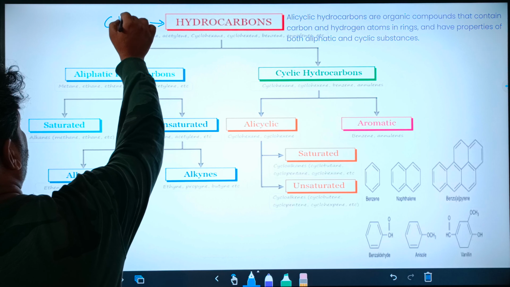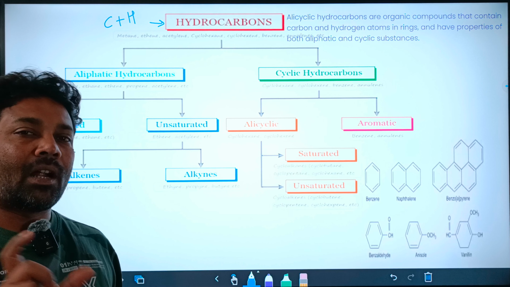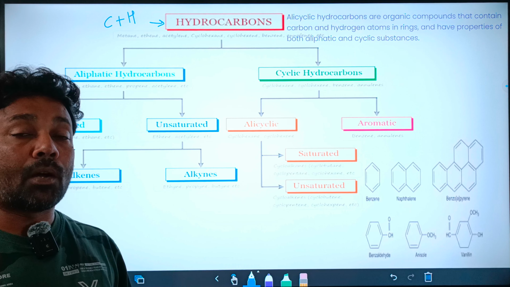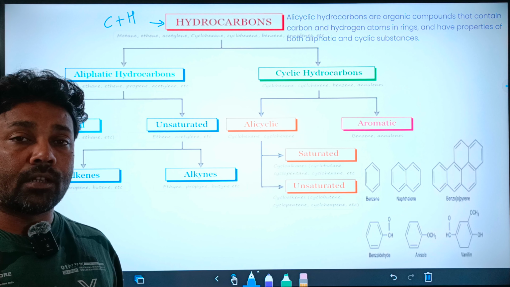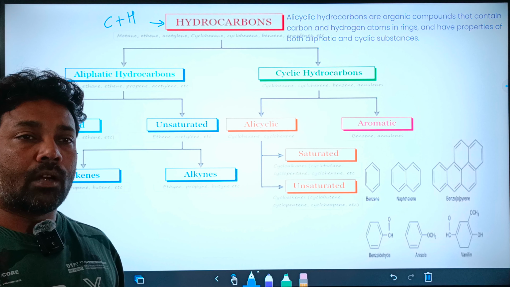Within the hydrocarbons, organic chemistry is a small part. So hydrocarbons, we have a vast number of compounds, right? You might have heard of naphthalene balls, which we used to keep in storage in order to avoid termites and insects.